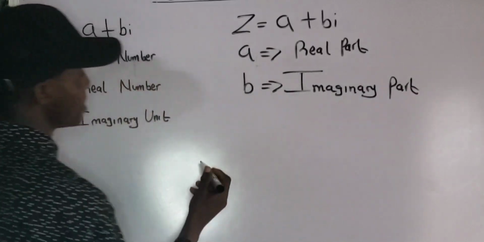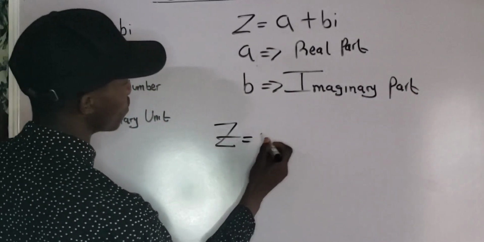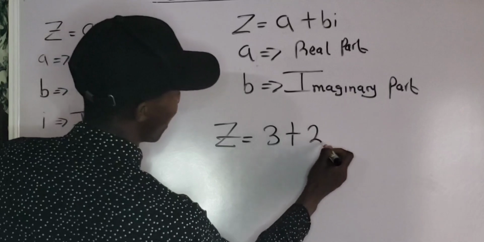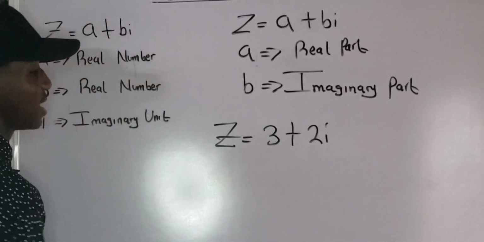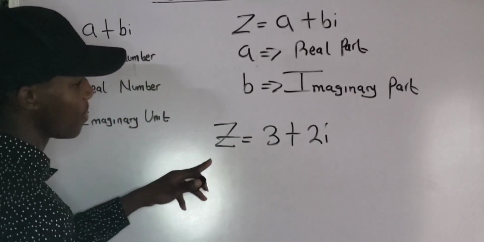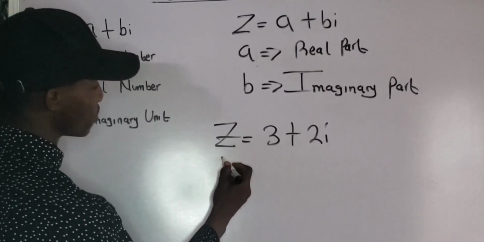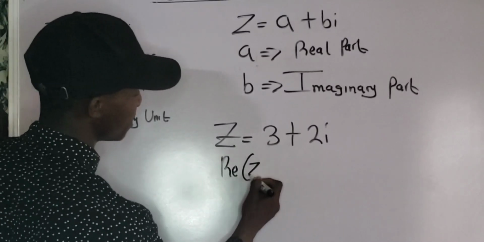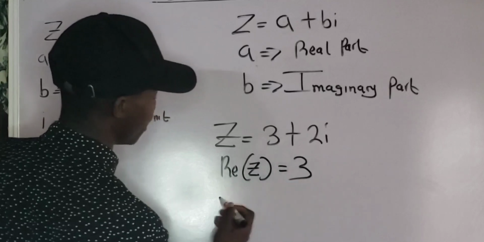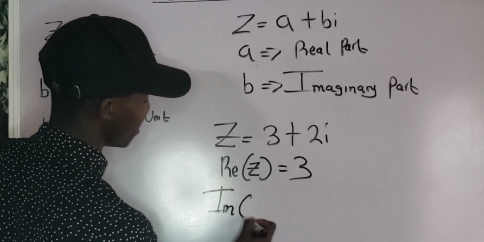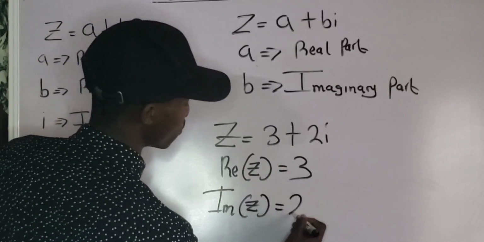So now you can attempt this. Given that Z is equal to 3 plus 2I, what is the real part? Real Z is 3. Then imaginary Z is 2. You understand?